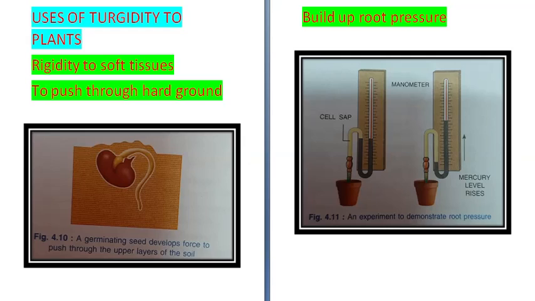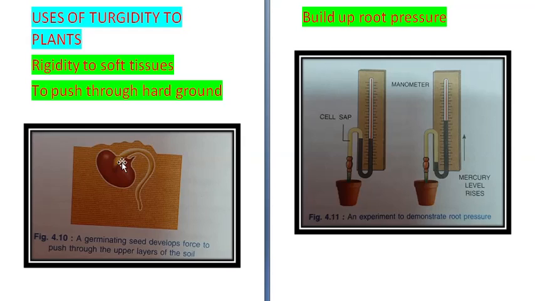Okay, now we come back to turgidity. Turgor pressure helps to provide rigidity to soft tissues. The second use is that it helps to push through hard ground. For example, mushrooms, and sometimes roots of certain trees, are seen to crack through the walls of concrete floors.